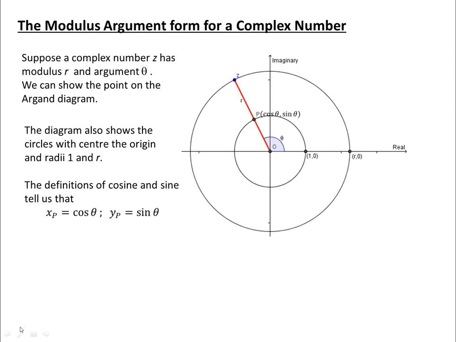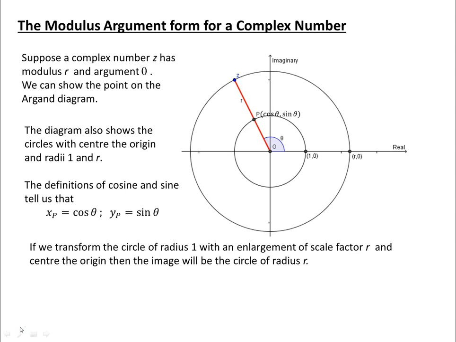Now, we can move the circle of centre the origin and radius 1 onto the circle of radius r and centre the origin by simply doing an enlargement of scale factor r.